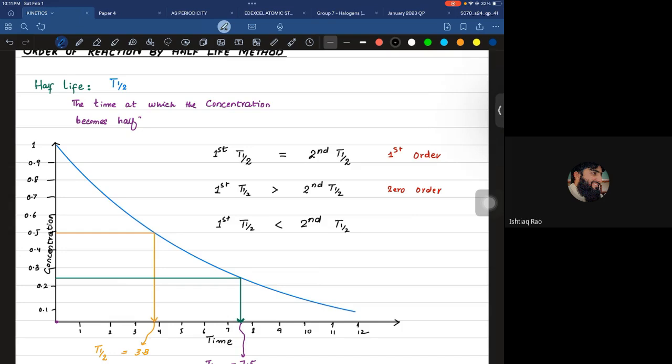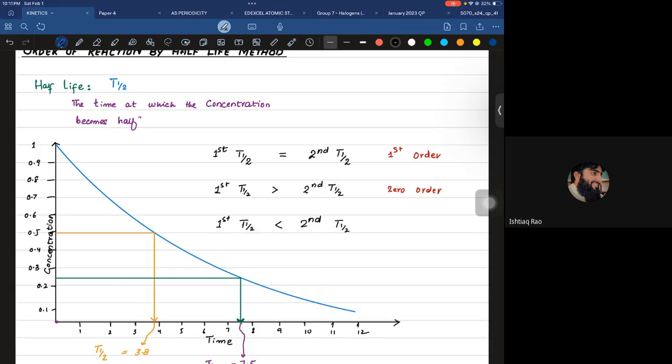If you are going to calculate order of reaction by using half-life, you will be calculating two half-lives and then comparing them. If you see that the first half-life is equal to the second half-life, you can say that this is a first order reaction.